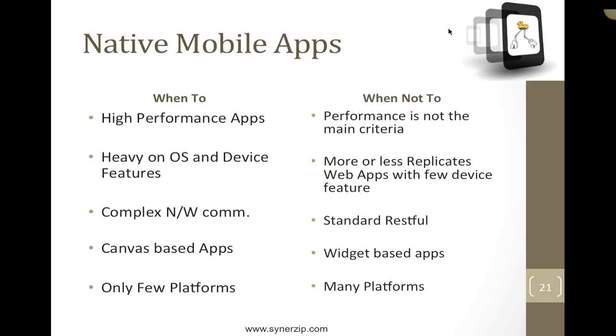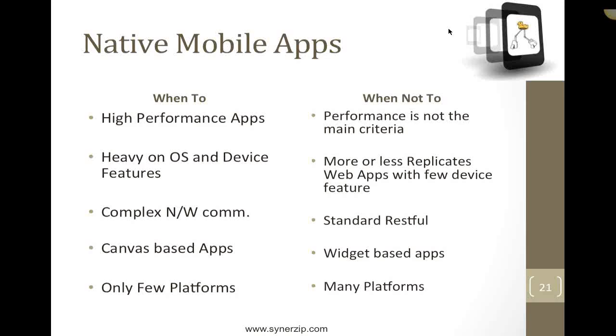Well, I would go for a native application because I'm relying on something which is Android service over there or a particular device feature over there. Similarly, for products like Dropbox or SugarSync, which have this complex network communication for syncing the files, you should go for native application development, where you have very complex communication between server and the client, which is much more complex than the traditional RESTful APIs.